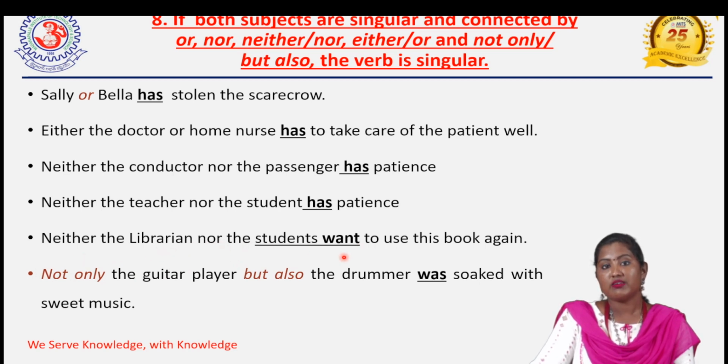Whenever the verb comes after the subject, you have to clarify, because here we go with subject verb agreement. So consider the students as subject and want as the verb. So here you have to see the nearest subject verb agreement. It's not the one far away or at the beginning of the sentence. So in this case, neither the librarian nor the students want to use this book again. I think I have clarified now.